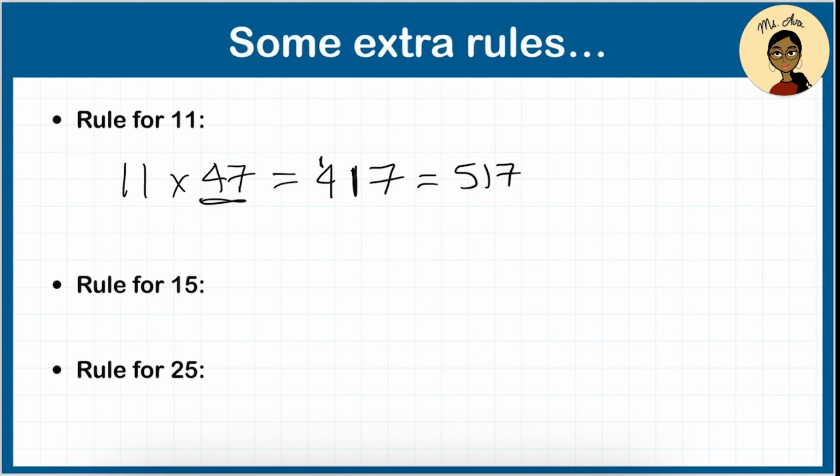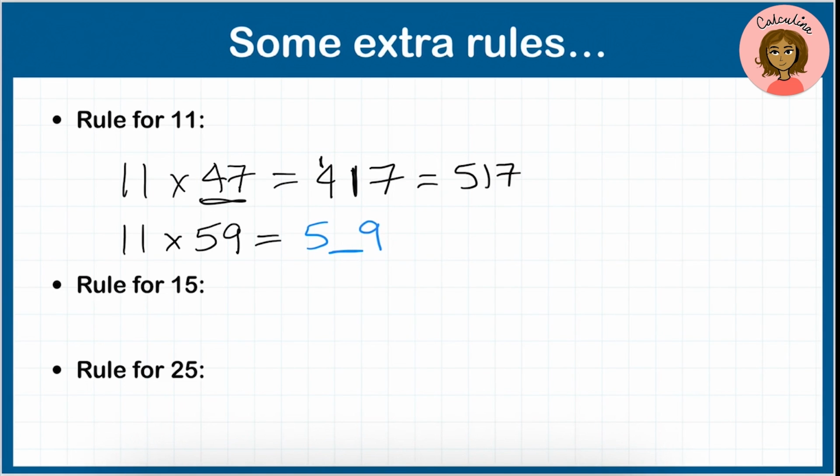Yeah. Do you want to try one? Sure. Okay, why don't you try 11 times 59? Okay, so then you're going to write a 5 and then a 9, and in between you're going to have a blank spot. And then you're going to add 5 plus 9, which gives you 14.